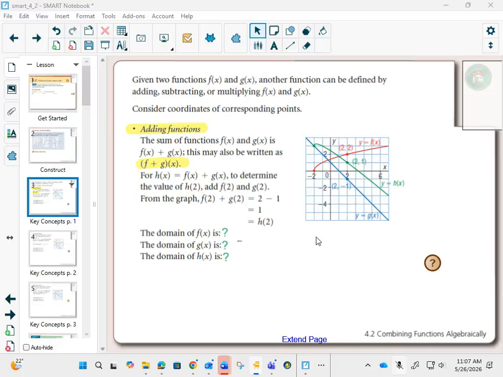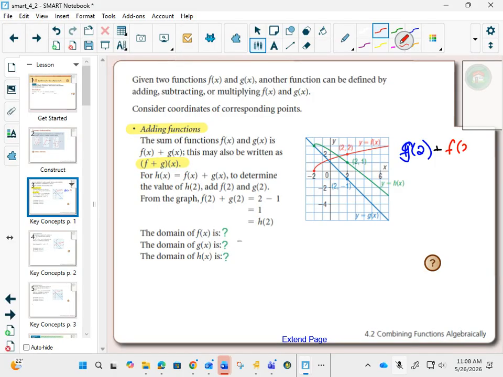So the big thing here is notation. The idea of adding two graphs is you just add the y values. Notation wise, you could have something like this. So I could say, what is g of 2 plus f of 2?